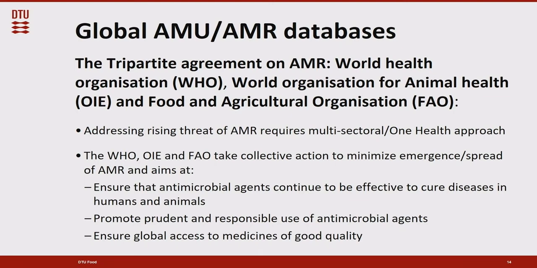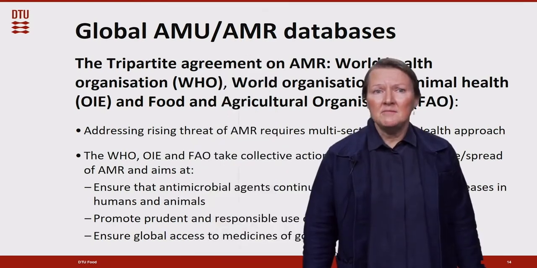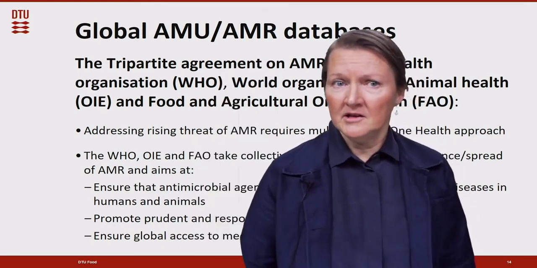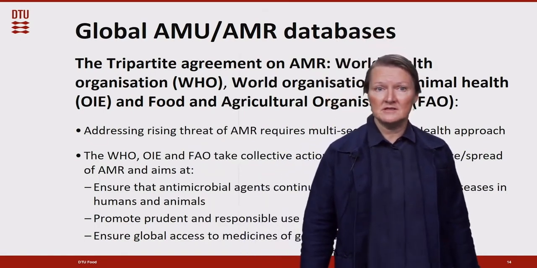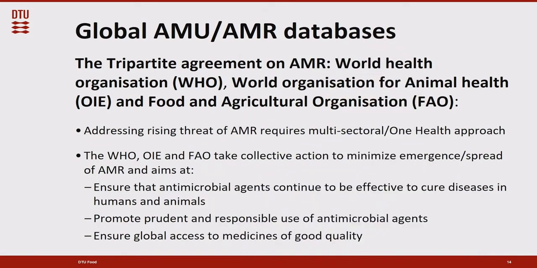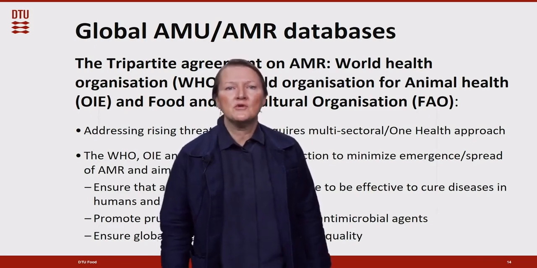They decided to take action to minimize emergence and spread of antimicrobial resistance, and they are aiming at ensuring that antimicrobial agents continue to be effective to cure diseases in humans and animals. And for that to happen, they promote prudent and responsible use of antimicrobial agents in order to ensure that we have global access to medicines of good quality also in the future.